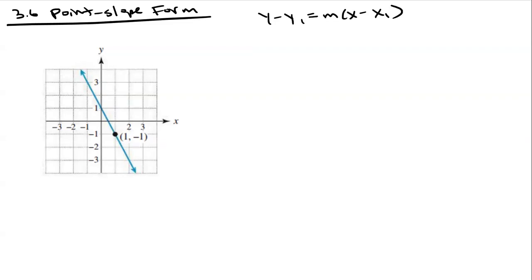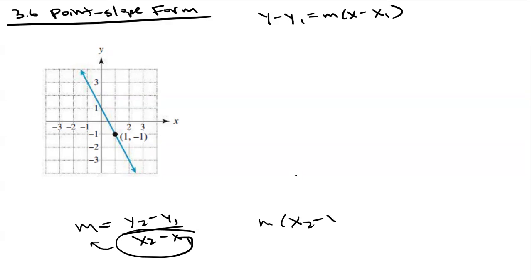That's exactly right. It's coming from a slope formula. The point slope form comes from a slope formula, right? So slope formula is m is equal to y2 minus y1 over x2 minus x1. So they just move the denominator and put it here to the left, right? Okay, so you have m times x2 minus x1 equals y2 minus y1.